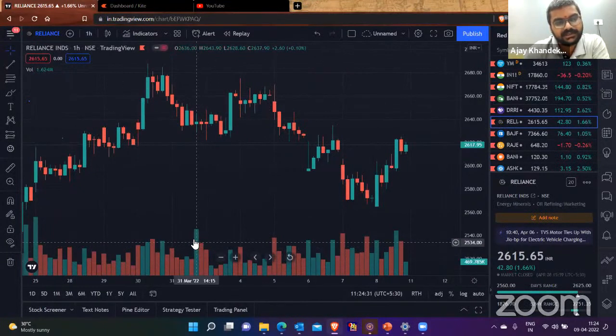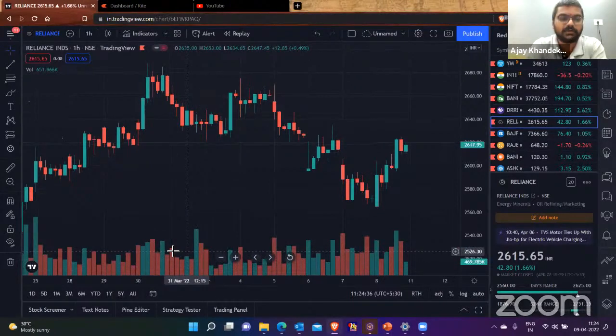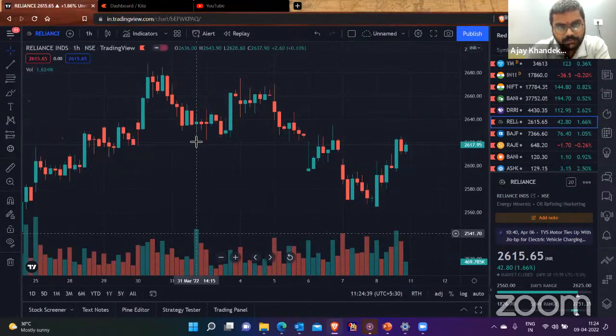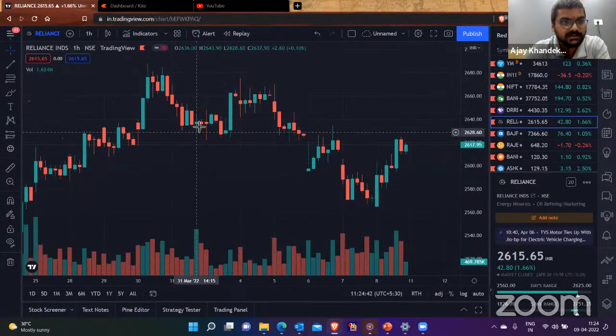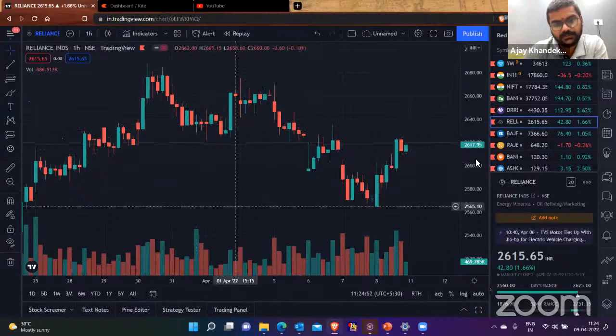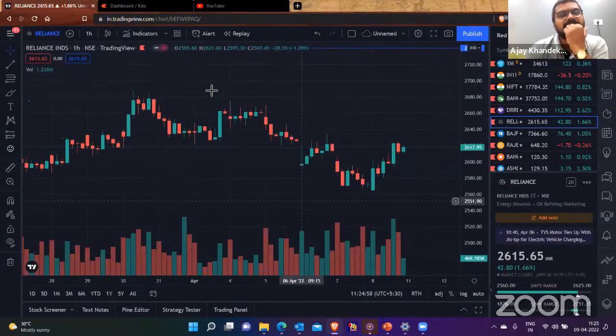Here below is a volume chart. It shows how many buyers or sellers, the accumulation of the book. The arrow here shows that the buyer was dominant and the volume was really 1.62 million.